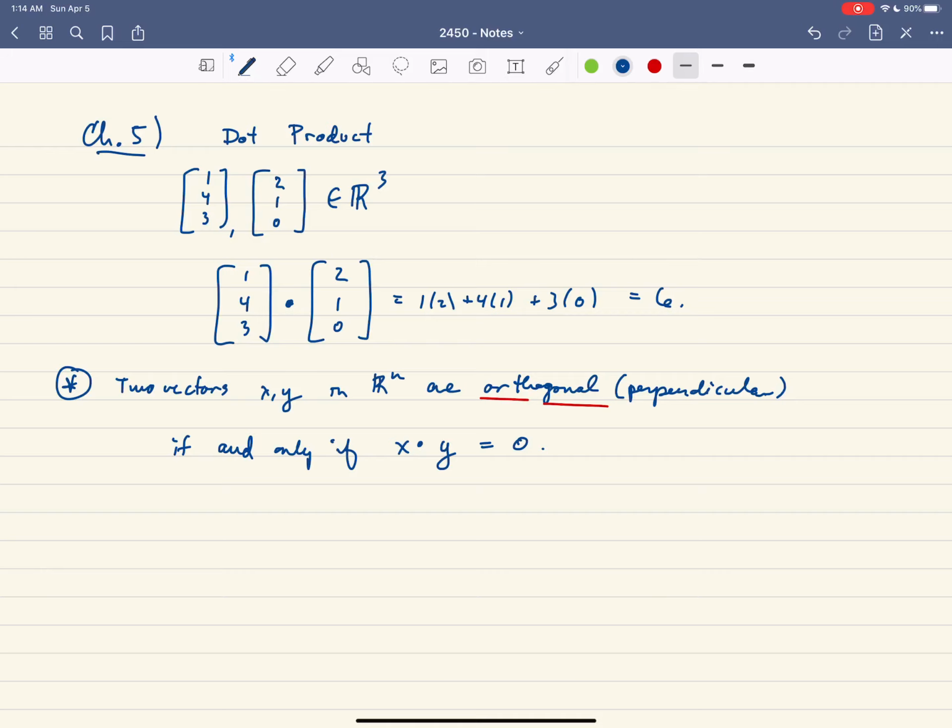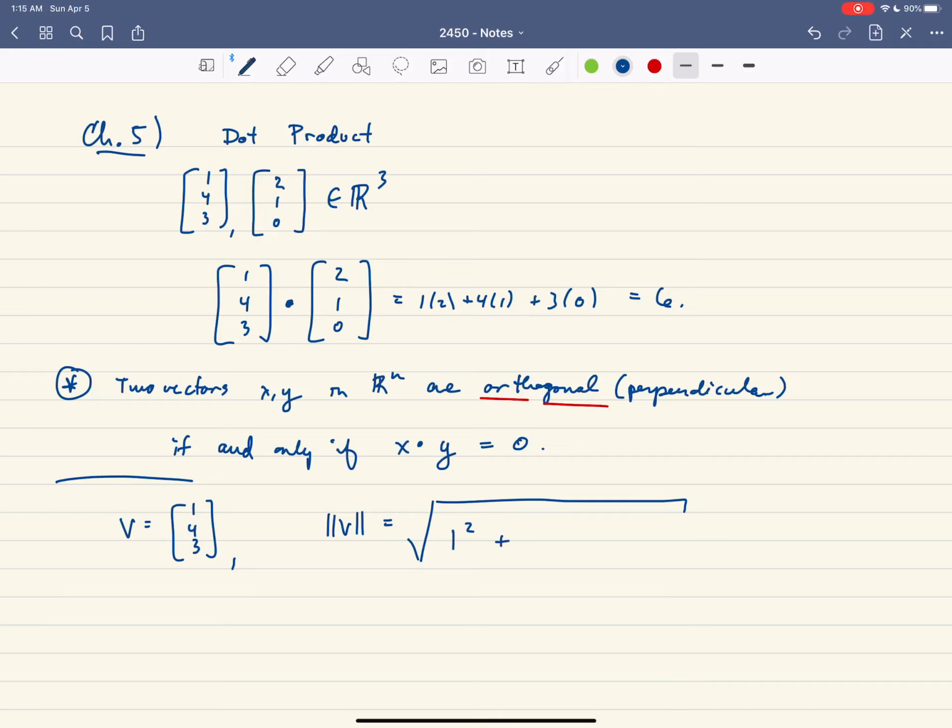If I were to have a vector, let's say v, it doesn't really matter what vector we use here, but let's say I have a vector v, which is (1, 4, 3). Then if I were to look at the length of that vector, it turns out, would be the sum of the squares of the components.